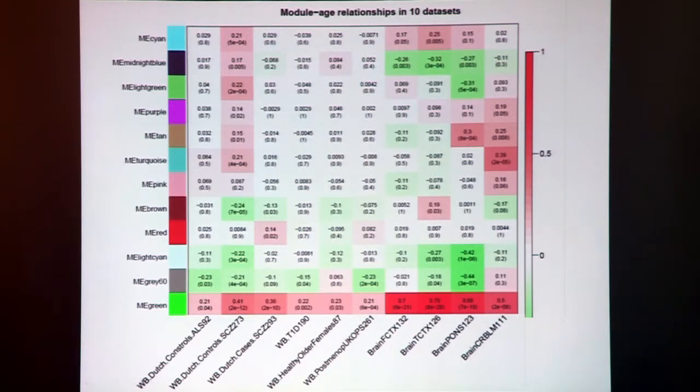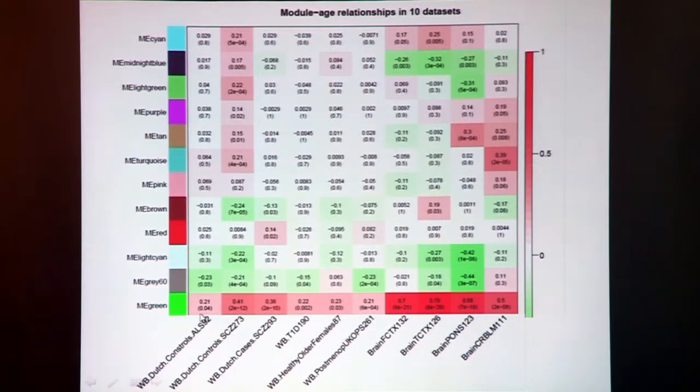Now, to relate the modules to age, you can, of course, correlate the respective module eigengenes with age in these 10 different data sets. And this table reports correlations, and in brackets it reports the p-values. And look at the green module in the last row.